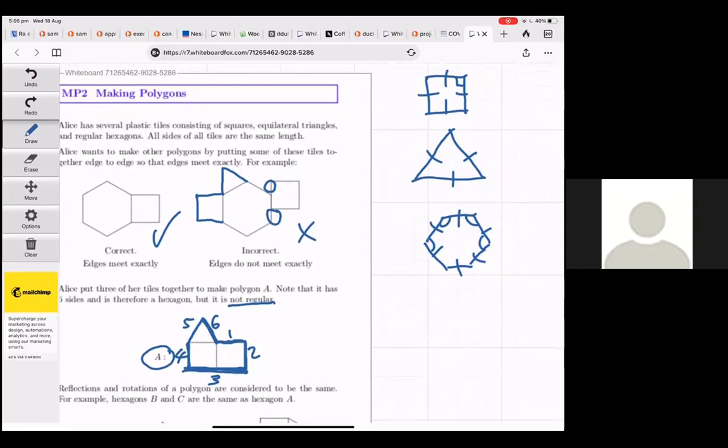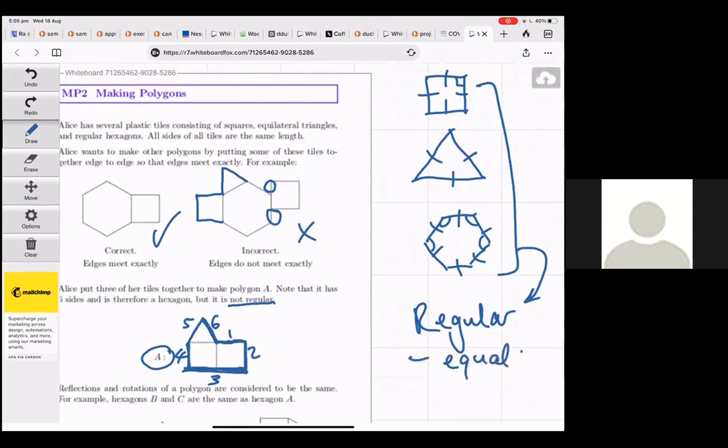Ah, okay, good. So all of these are regular. There are a few things that happen: equal sides and also equal angles. So these sides are all the same length and these angles are all the same. This doesn't have equal sides because 3 is longer.